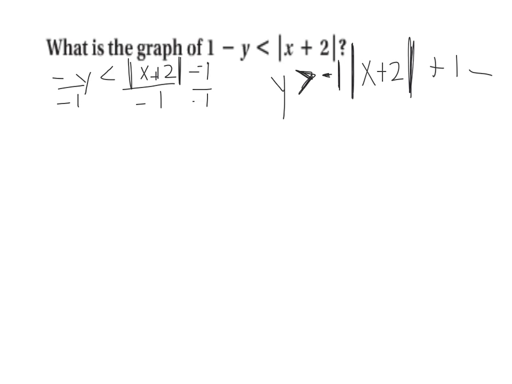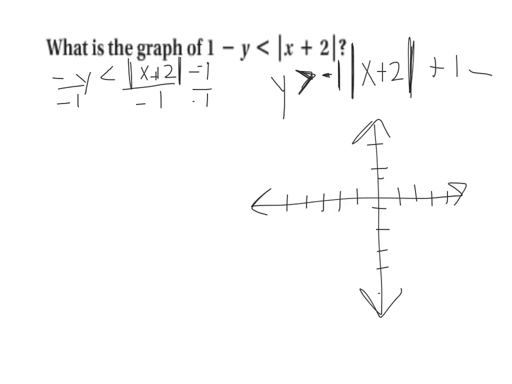So now I use this to help me graph. I'm going to just draw my graph. I'm going to state my transformation. This 2 is going to move it left 2. This 1 is going to move it up 1. This -1 in front is going to reflect over the x-axis. So I'm going to write out what my new vertex would be.